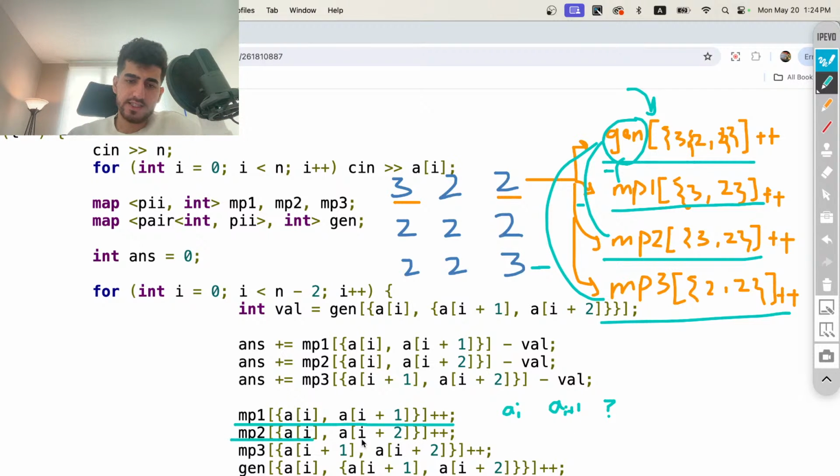Also, this is saying how many triples we have such that their first element is AI, their second element is a question mark, their third element is A of I plus 2. I should add that by 1 as well because I saw another such triple. And MP3 means how many triples I have such that the first one is a question mark, the second one is A of I plus 1, and the third one is A of I plus 2.